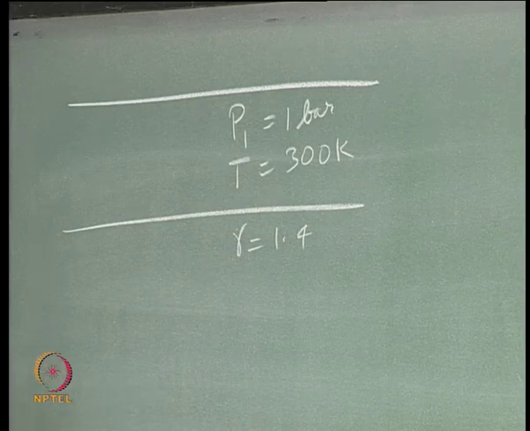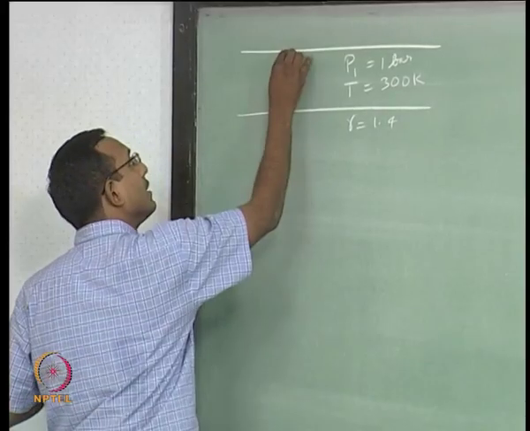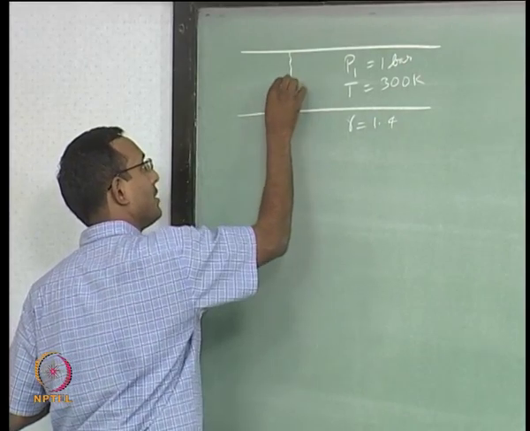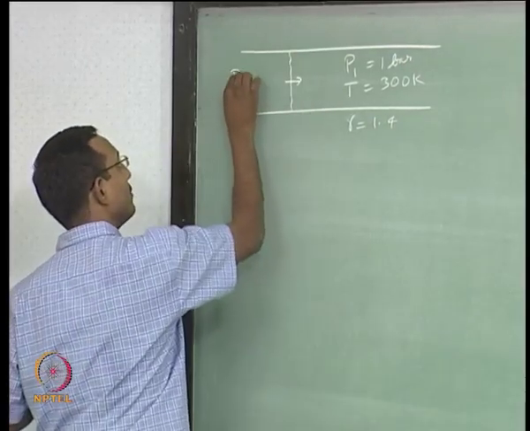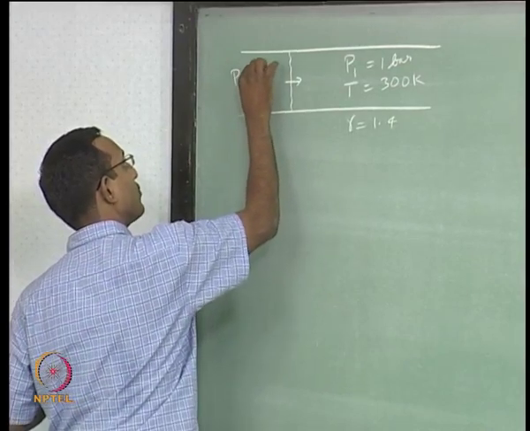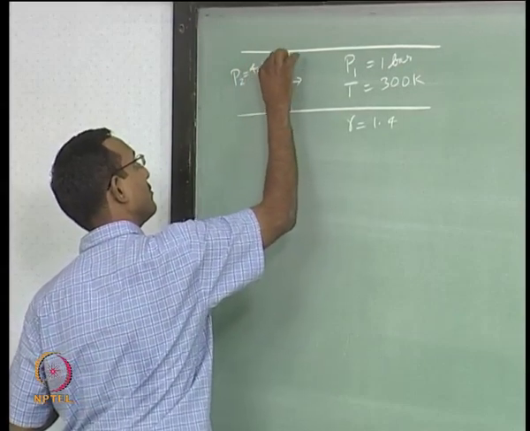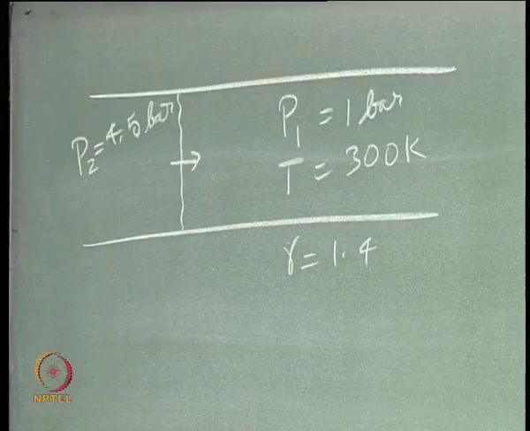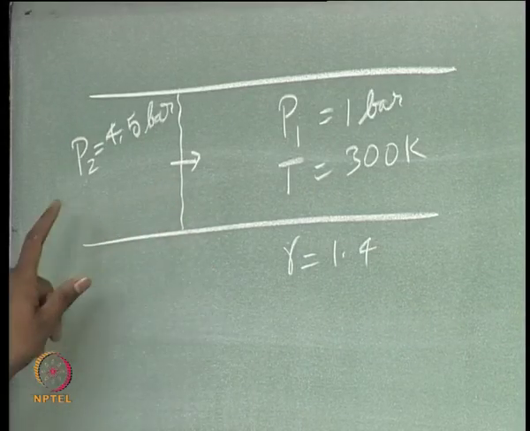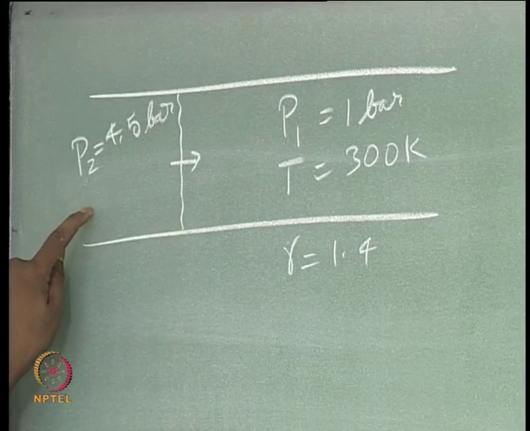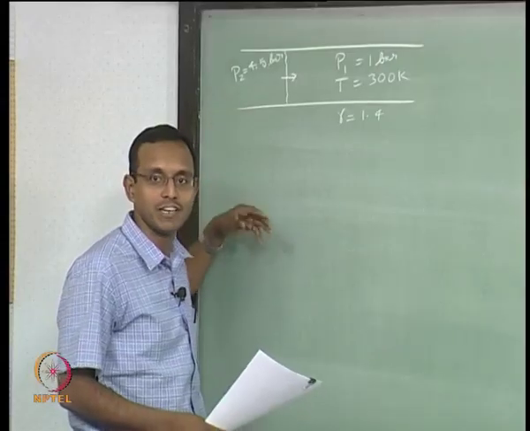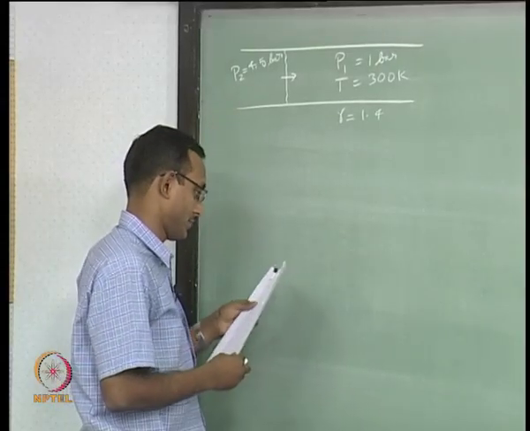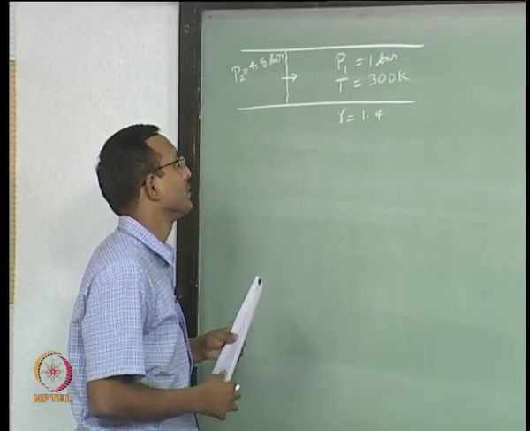This is stagnant air in this duct, and I am told that there is a shock and it is moving, and behind the shock pressure is 4.5 bar. Now, I am supposed to find the shock speed and the speed of the gas behind, everything with respect to the duct, the outside reference frame. So, that is the basic problem.